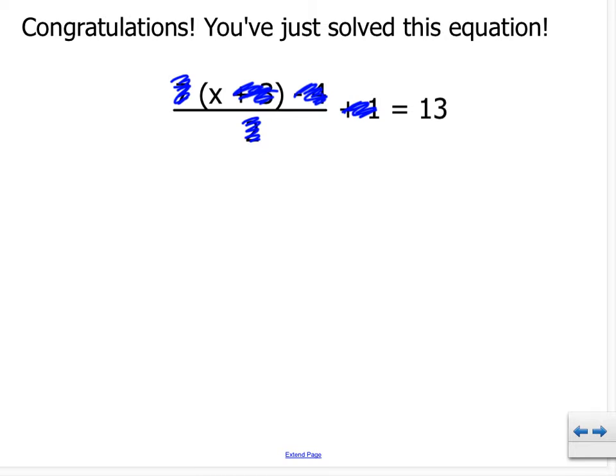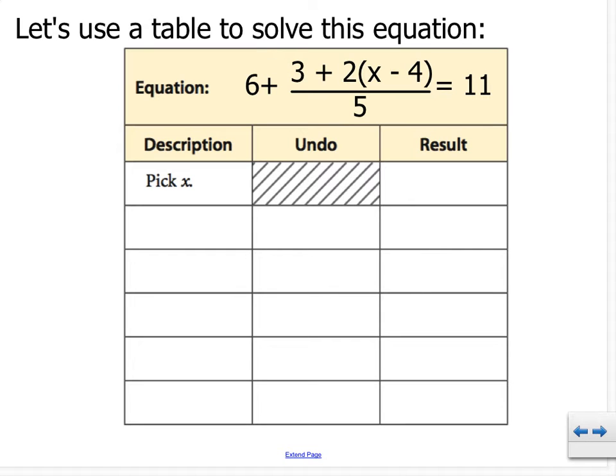So let's use this undo process to solve an equation. So we're going to start by picking x, and then we want to use a number trick based on that expression to fill in this first column. So I'm going to start with my x value, and the first thing I would do is I would subtract 4.